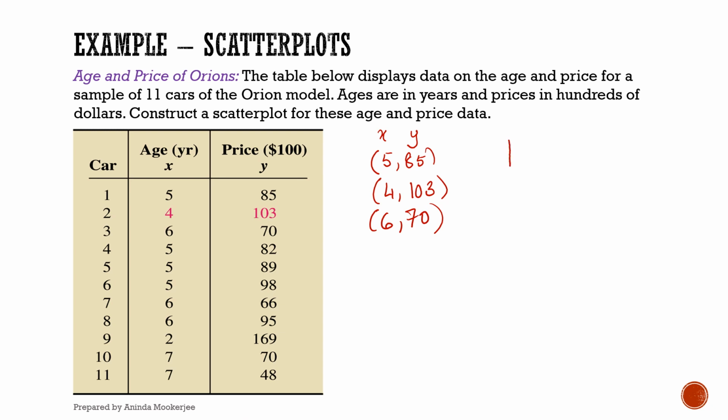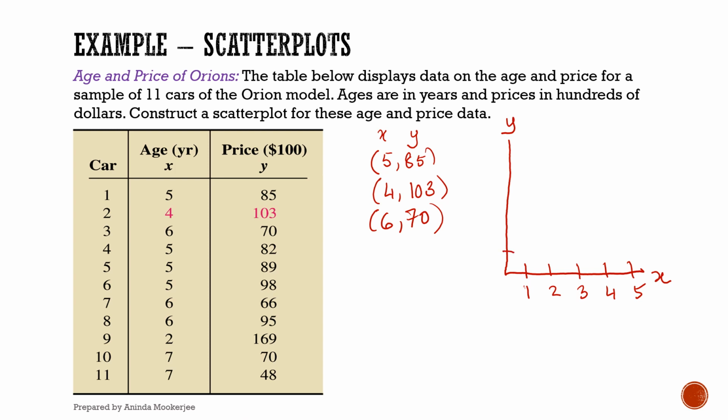So a scatter plot is a graphic representation with a y-axis, a vertical axis, where we will represent the y values, and the x-axis, the horizontal axis, where we will represent the ages. So perhaps start from 1, 2, 3, 4, 5, and so on. And our y-axis will be, what's the lowest value?